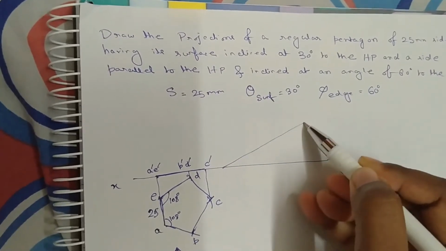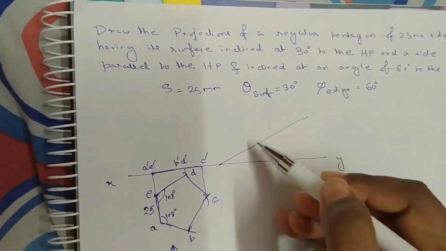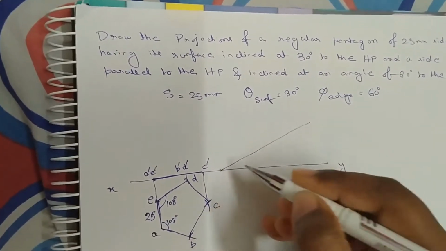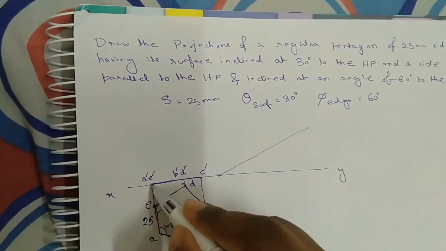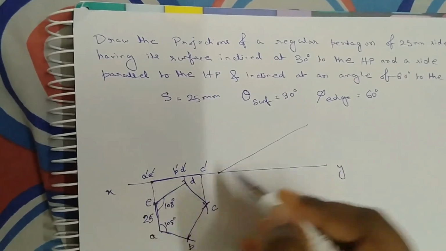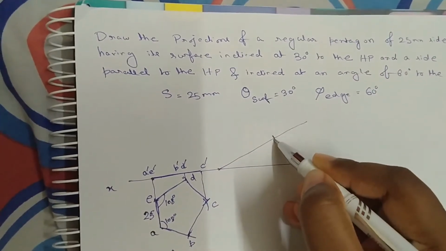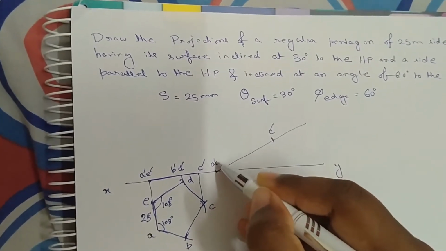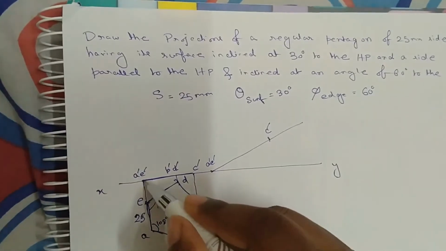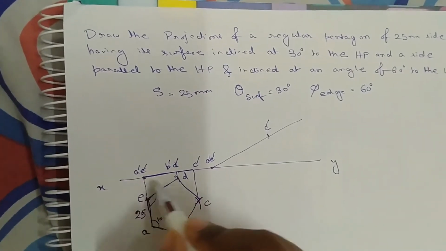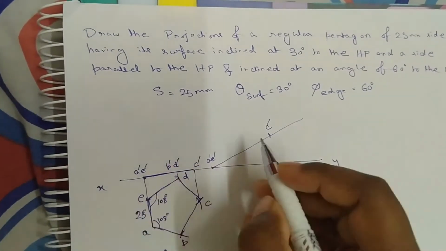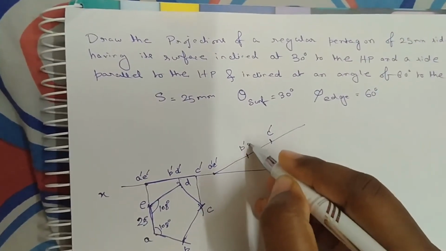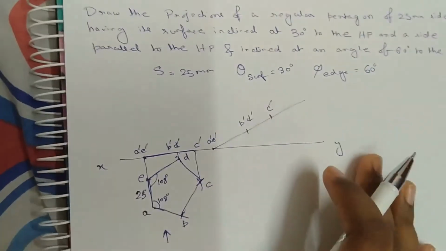We will just make an angle which is 30 degree, and we will cut these points A dash, C dash. This is C dash, this is A dash, E dash, and if we take compass and measure this part and take this thing over here, you will get B dash, D dash.